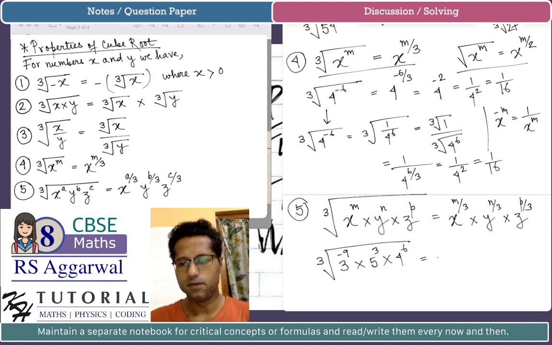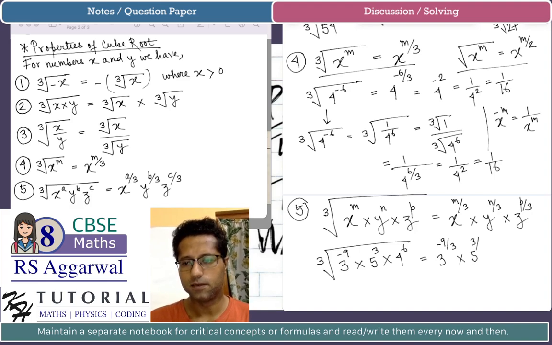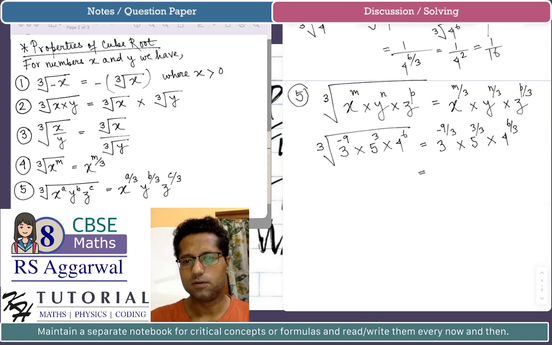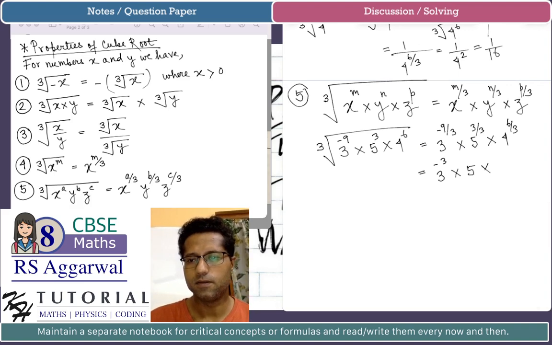So this will be 3 to the power minus 9 by 3 multiplied by 5 to the power 3 by 3 multiplied by 4 to the power 6 by 3. This is equal to 3 to the power minus 3 multiplied by 5 multiplied by 4 square.